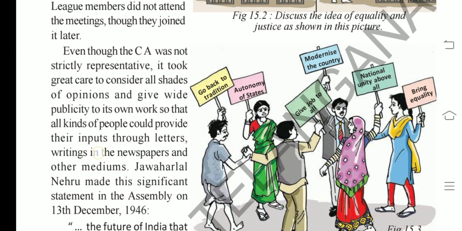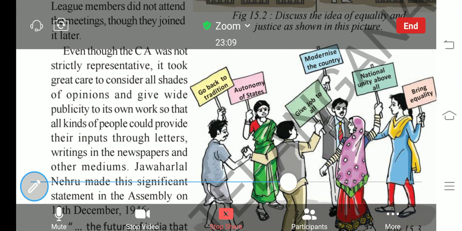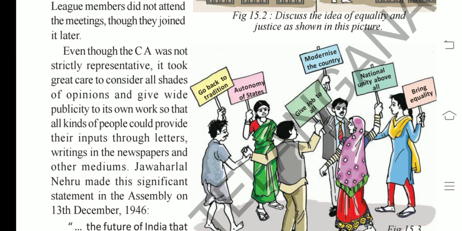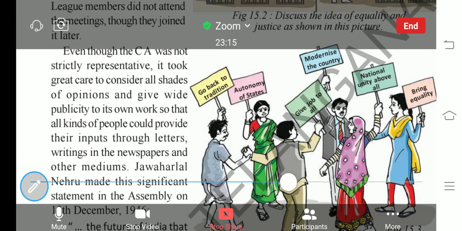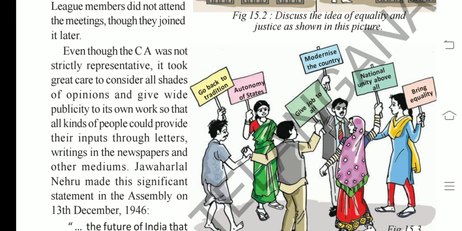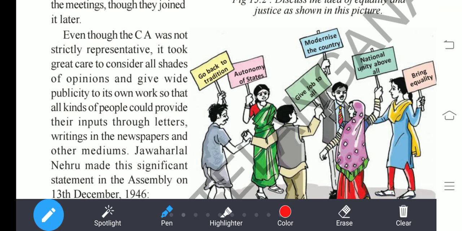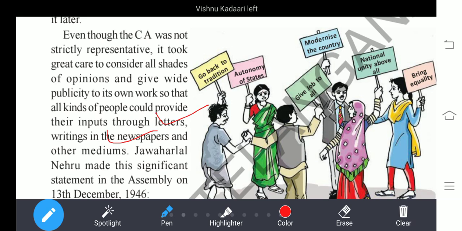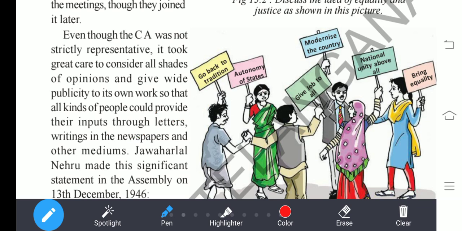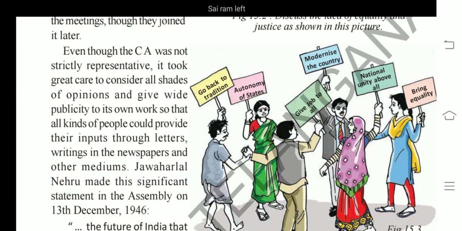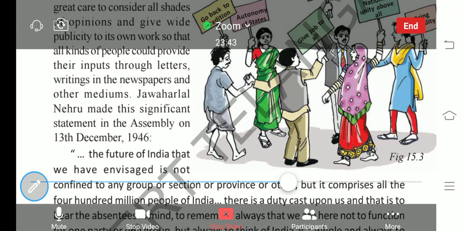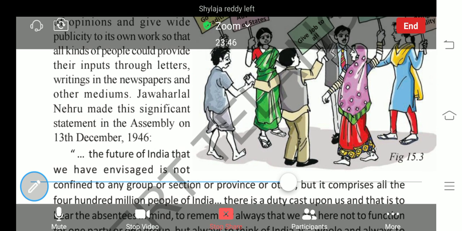We see here how great care was taken so that the members of the Constituent Assembly could represent all the people, by allowing the people to send letters and write articles in the newspapers. In that way they took great care that the Constituent Assembly could represent all the people of India.